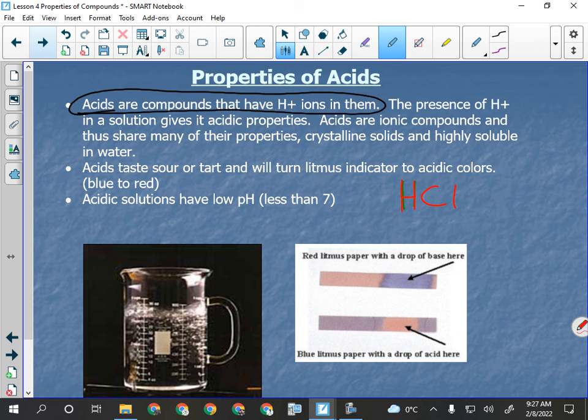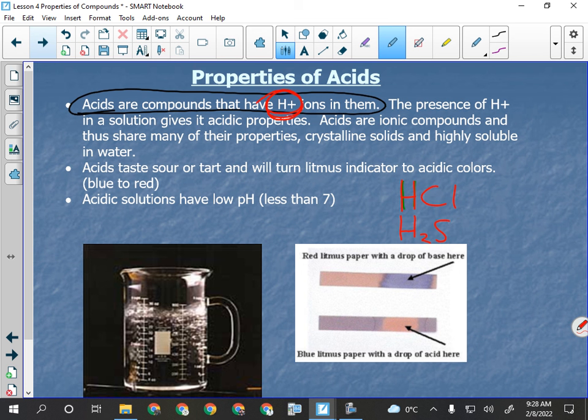Now, which would be stronger? This or that? Which would be the stronger acid? If we're looking at this logic right here, what makes something acidic is the H+.